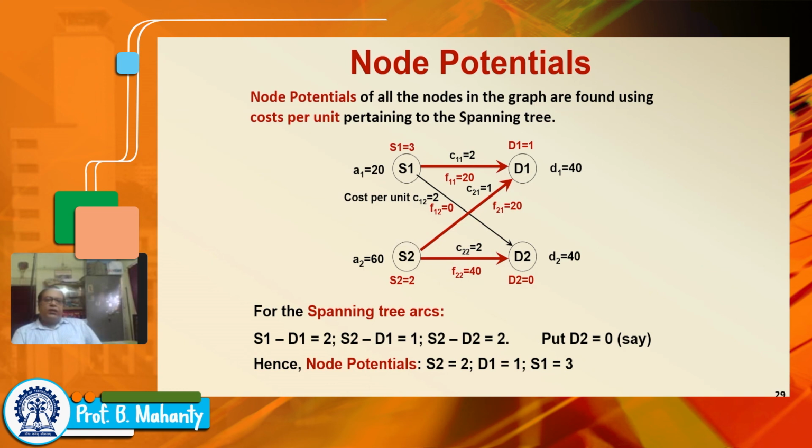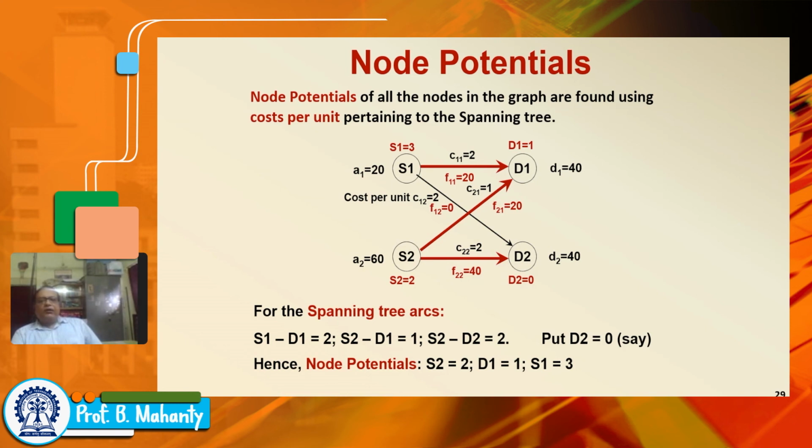So this is like the basics. The basis at this point is represented by S1 to D1, S2 to D1, and S2 to D2. If we really want to compute the Cj minus Zj value for S1 to D2, we can compute it from the node potentials. Look here: what is the node potential for S1? It is 3. What is the node potential for D2? It is 0. So as far as the Z value is concerned, Zij should be equal to 3.